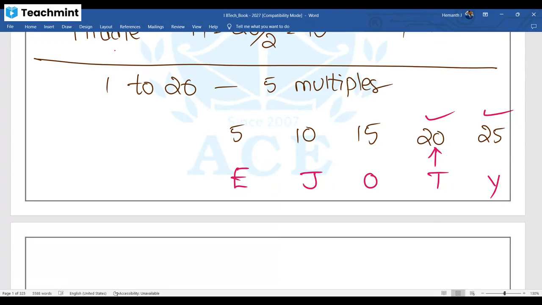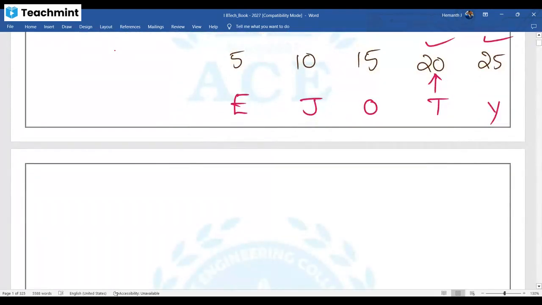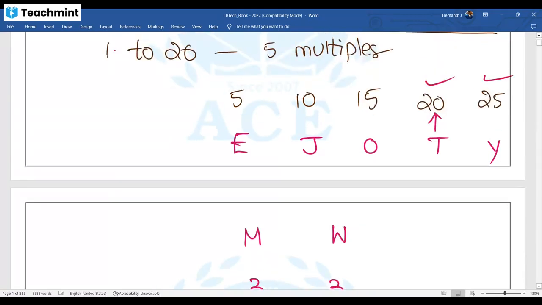Okay. And fine. If you rotate the M letter, can you see 3 in that? Rotating M gives 3. If you rotate W, can you see the number 3 in that? Right?